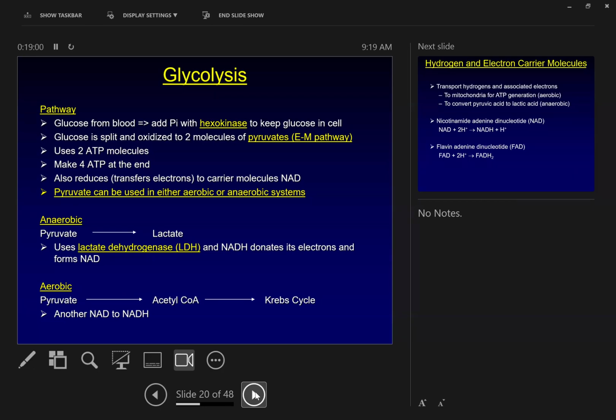So the anaerobic fate of pyruvate is you have pyruvate and you make lactate, or lactic acid, which then dissociates into lactate and hydrogen. This process is driven by an enzyme called lactate dehydrogenase, or LDH. I need you guys to know that particular enzyme. It takes the pyruvate, and we donate electrons from those NADH molecules back onto the pyruvate, and we make lactic acid.